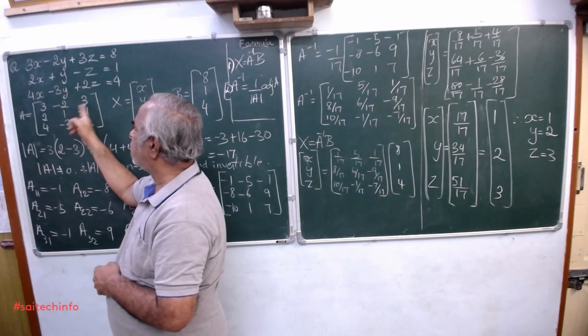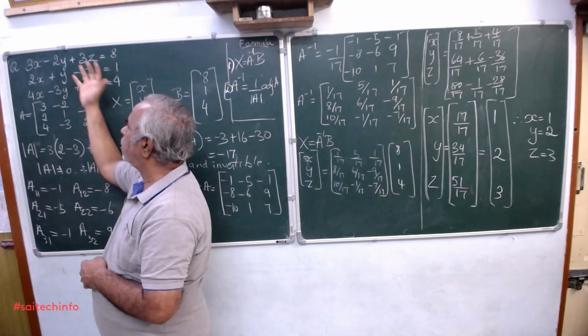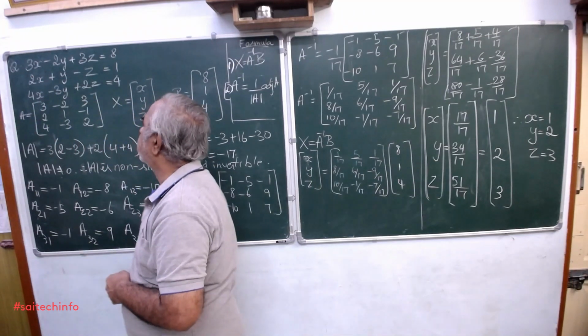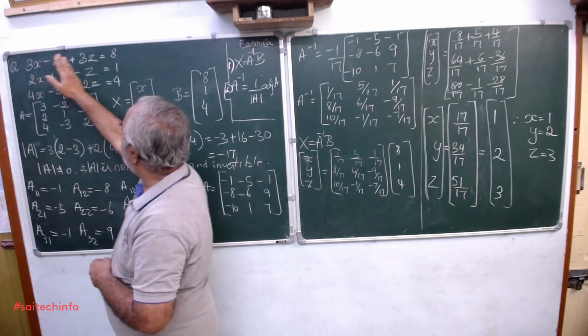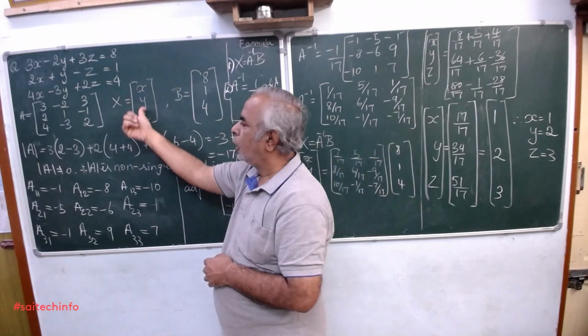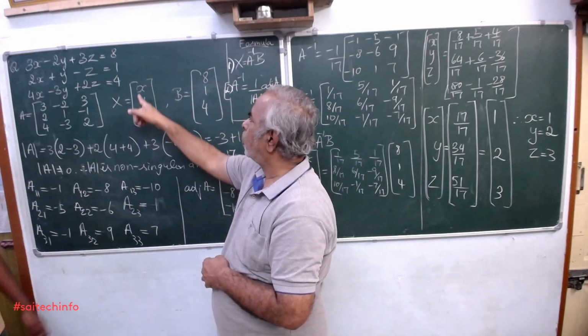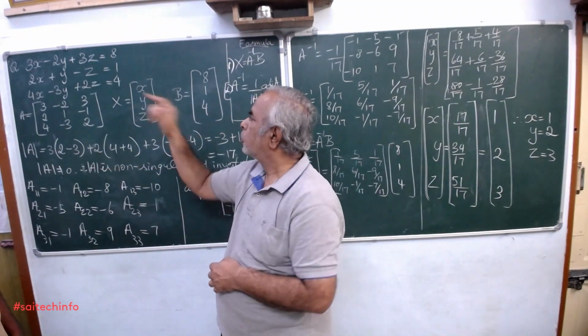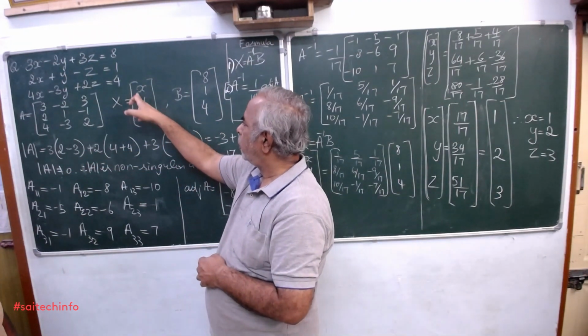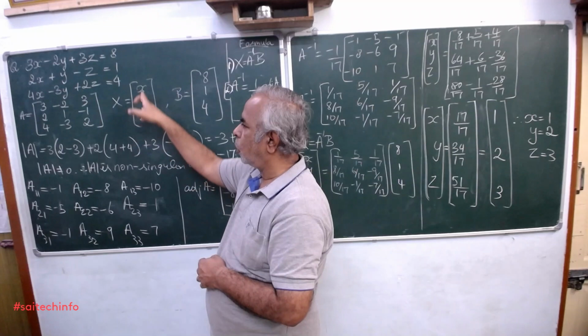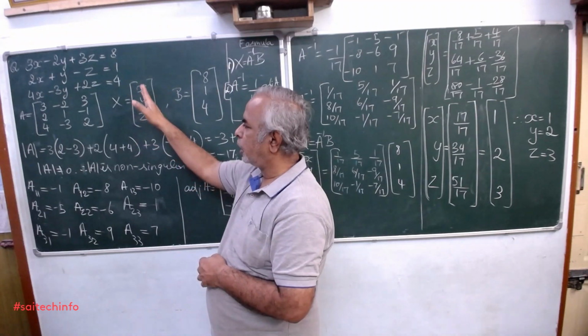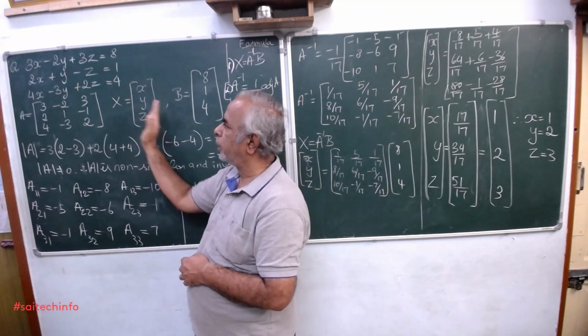So I have isolated the coefficients. And I have taken all these x, y, z as a column matrix, is it not? It's a single column. So we have separated it into two.